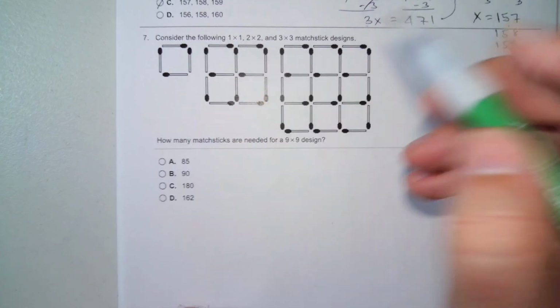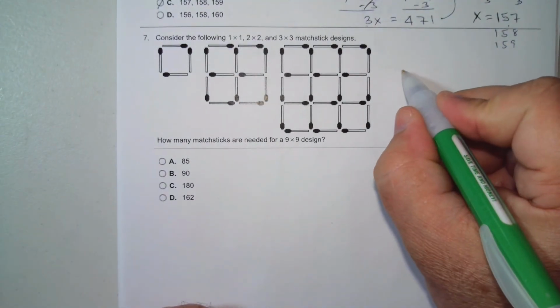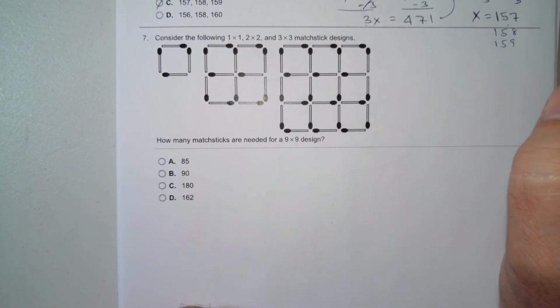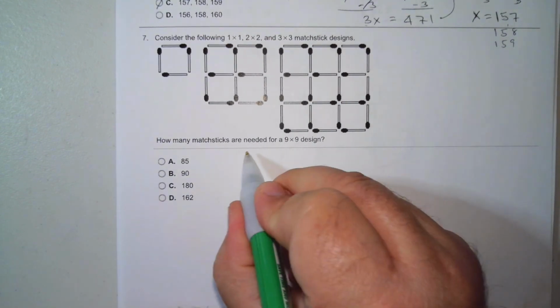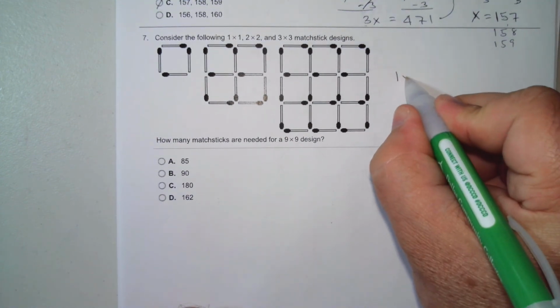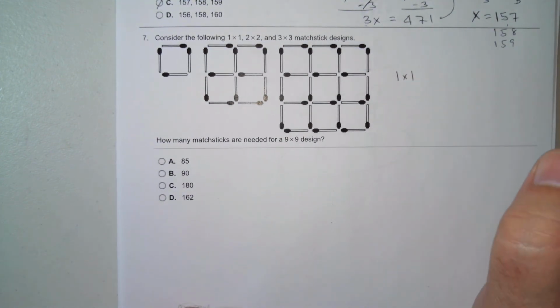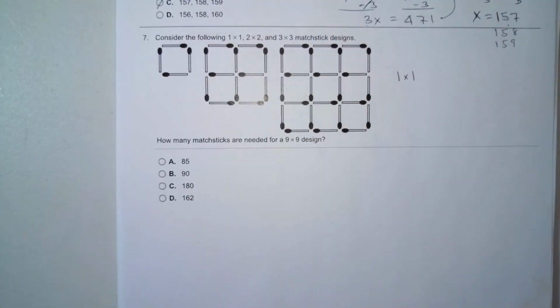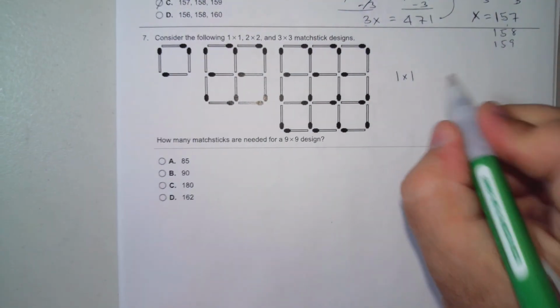Consider the following. 1 times 1 matrix is that, 2 times 2, and 3 times 3 is that. How many matchsticks are needed for a 9 by 9? So, a 1 by 1, it's 1 across, 1 up. It uses 4.